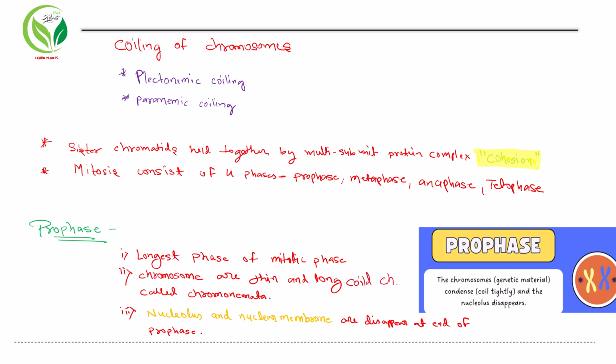So here, what we can see in prophase: it is the longest phase of mitotic division, and the chromosomes are thin and long coiled threads, which are called chromonemata. And the nucleolus and nuclear membrane disappear at the end of prophase.